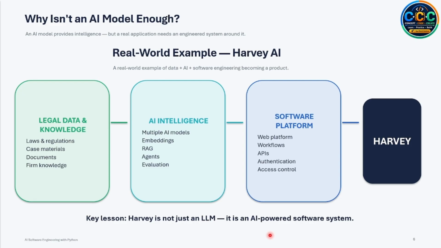If you remove any one piece, Harvey doesn't exist as a product. This is the pattern behind almost every real AI product. If you are only good at prompting, you are in a crowded pool. If you can build the whole system, you are in a much smaller, much more valuable one.